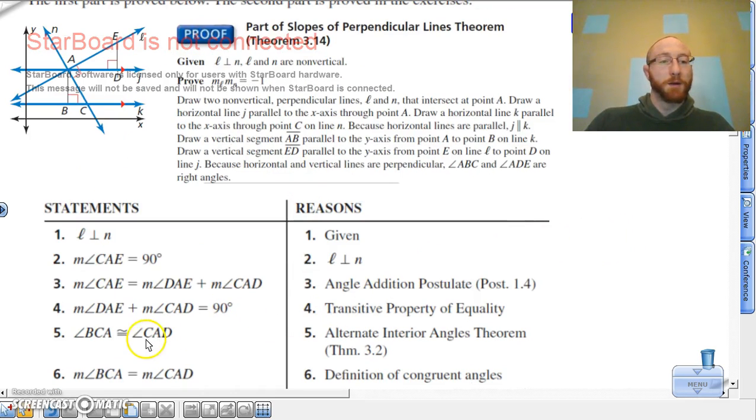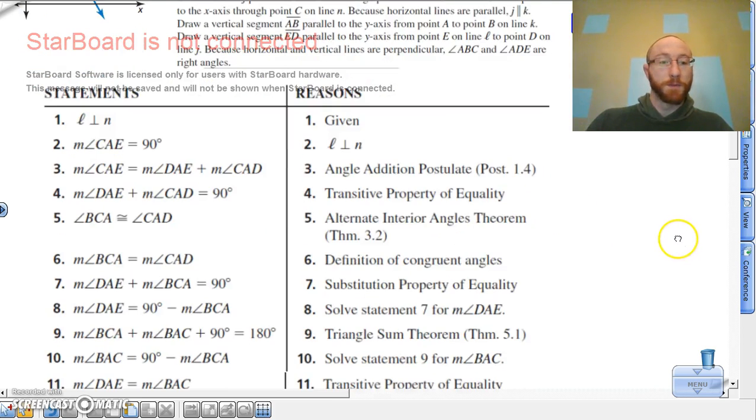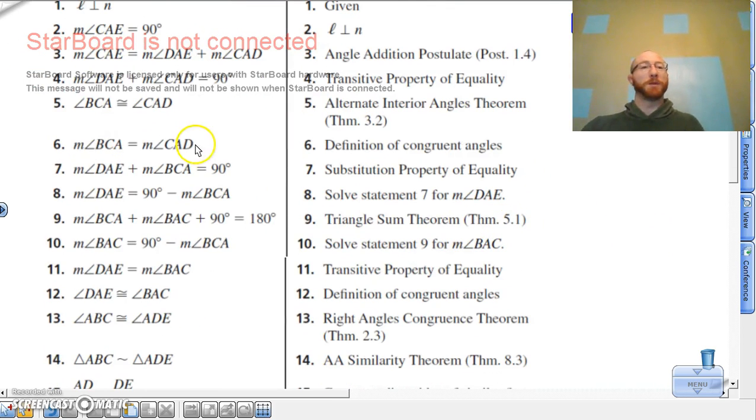Given that, we know that angle BCA and angle CAD are congruent because they're alternate interior angles. That means their measures are equal. From here, it's a little bit of arithmetic. We're going to do a substitution in from the above. We're going to substitute in BCA. And now we're just going to rewrite it as angle DAE equals 90 minus BCA.